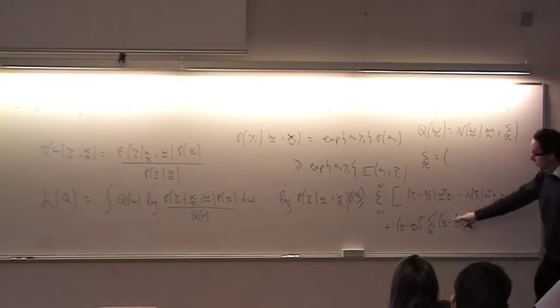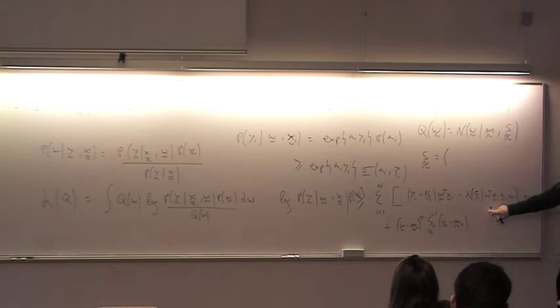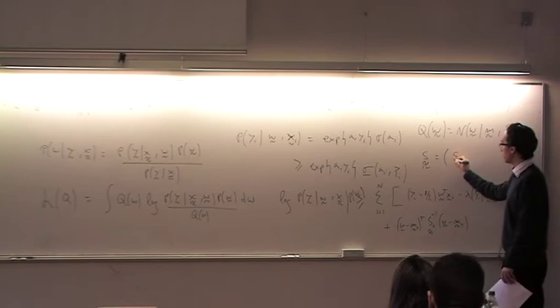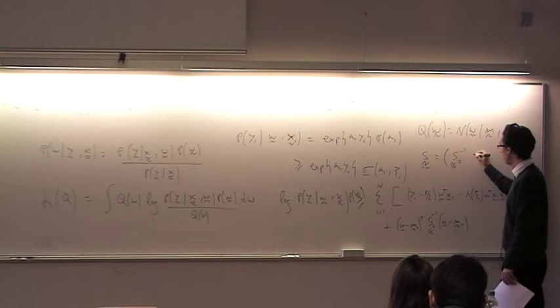I have to consider all the quadratic terms in W. So I have a sum of a quadratic term for each data point, and then another quadratic term. So this is going to be the sum of those quadratic terms.